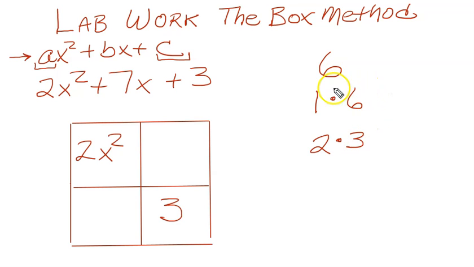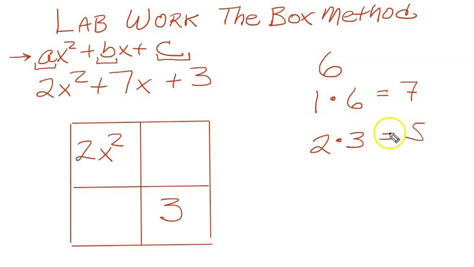Now, we want to add these factors up and see which one will give us our B term here, which is a 7. Well, it's quite obvious that it's this one, that if we added those together, we'd get a 7. And by the way, if we added these together, we'd get a 5.